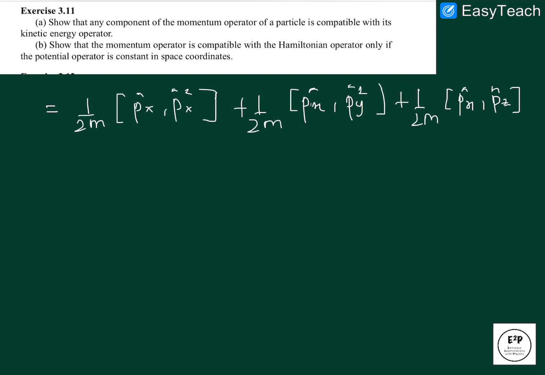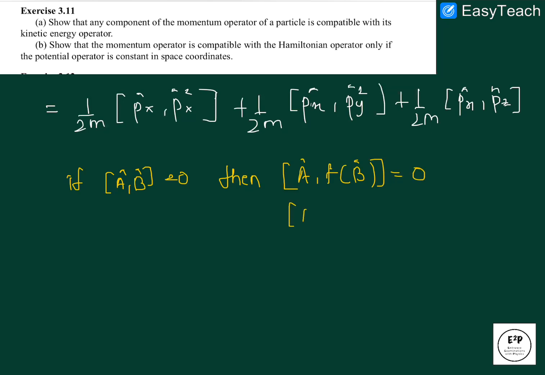Now one of the identities that we know: if A and B commute, then A cap and some function of B cap also commute.